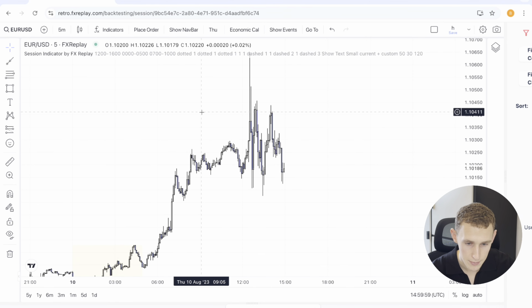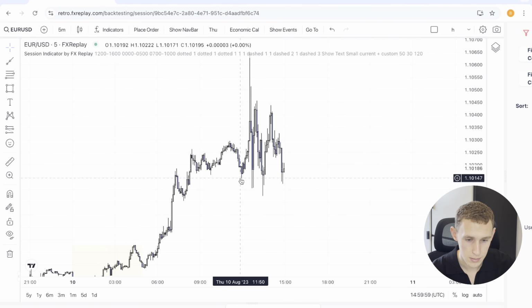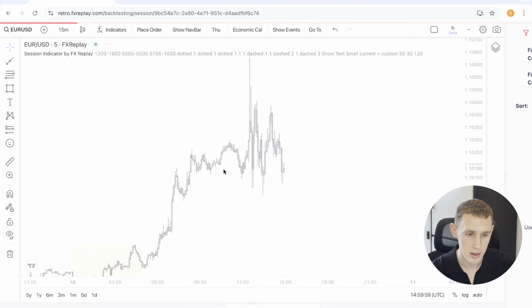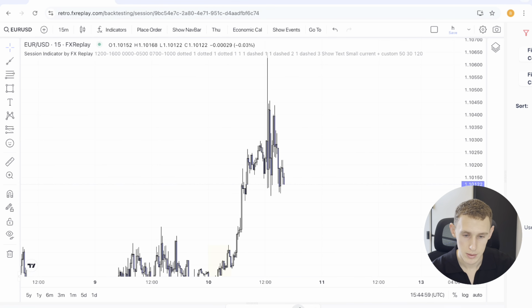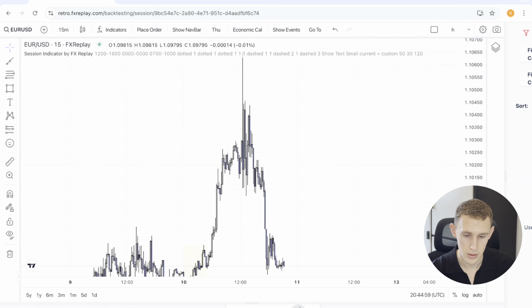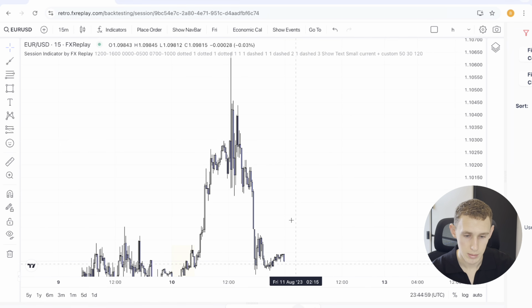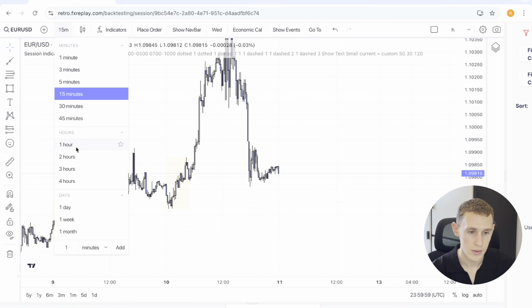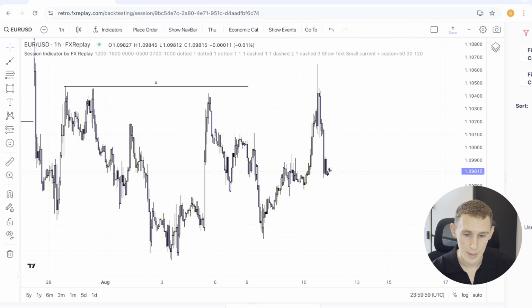In terms of the M5 structure, price kind of pulled back here, so we need to see a break below this low for it to be confirmed. There we are. Price did flip back bearish after sweeping that main 4-hour high, as you can see just there.